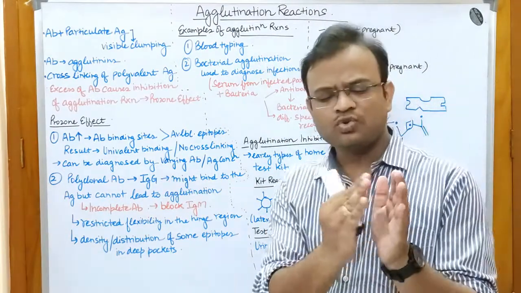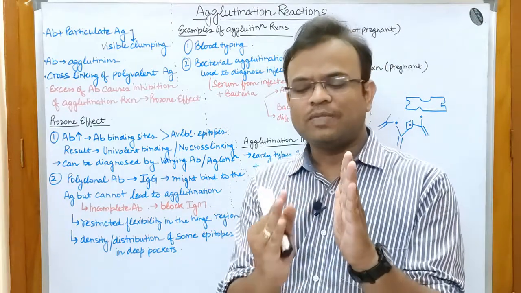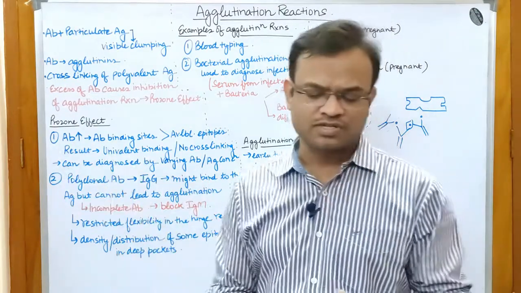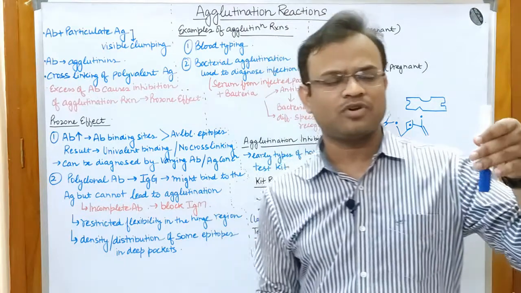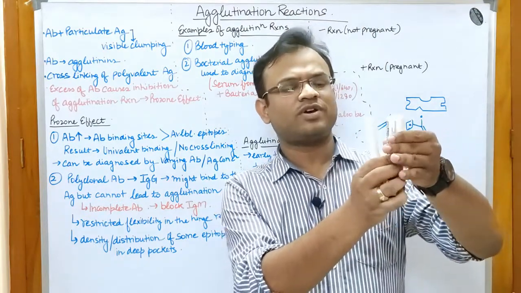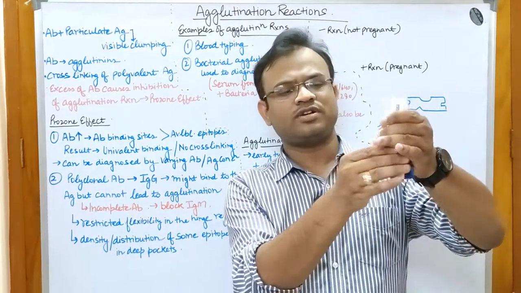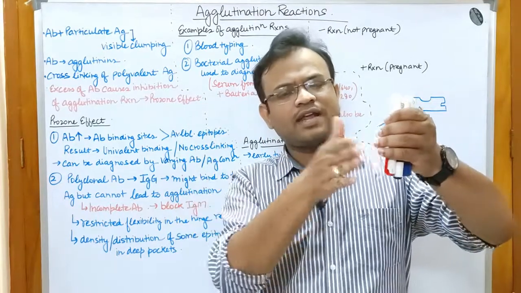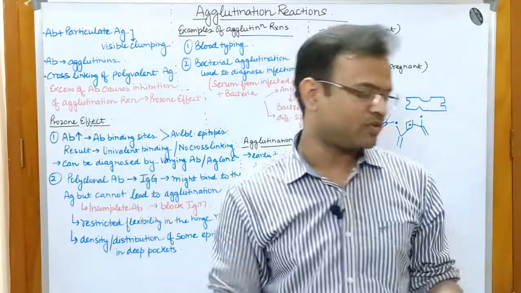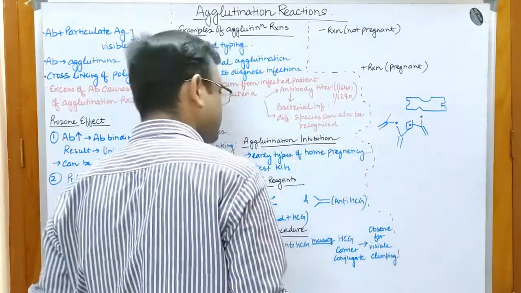What you can do is make multiple dilutions. Suppose this is the highest concentration of the antibody, this is a diluted version, this is again a diluted version, and so on and so forth. Let me just draw it and show it to you.